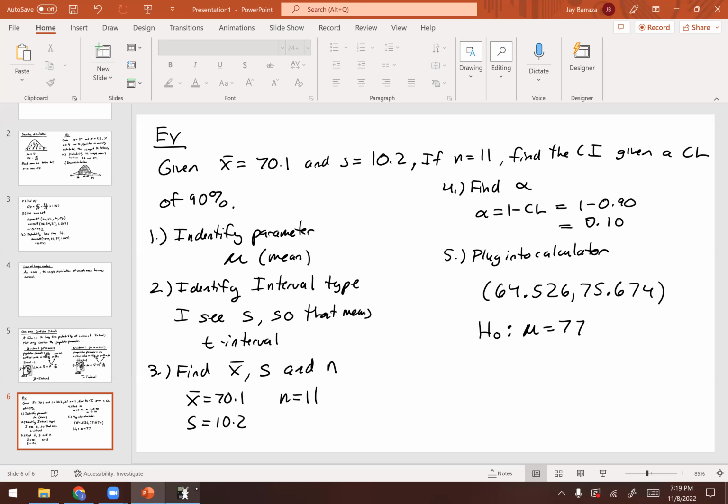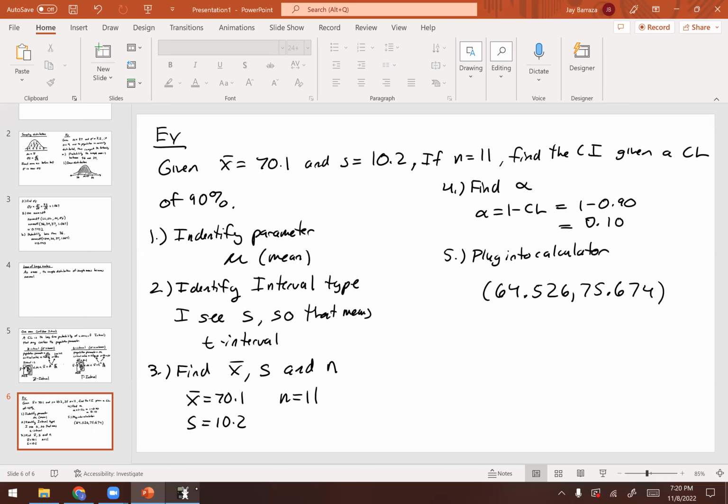This is the kind of thing you want to think about, right? So it's going to be against it because is it possible for 77 to be between those two numbers, 64 and 75? No. So this interval is evidence against my null hypothesis. Okay. So that's what we're aiming for at the end of the day. Are there any questions on how to calculate the confidence interval?